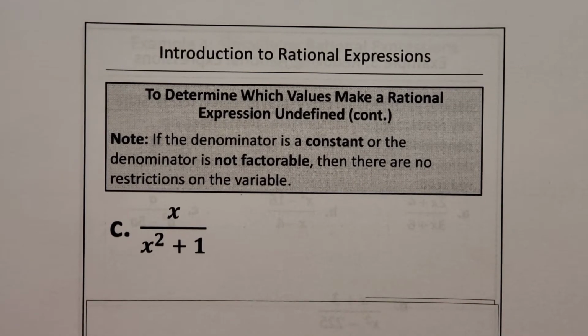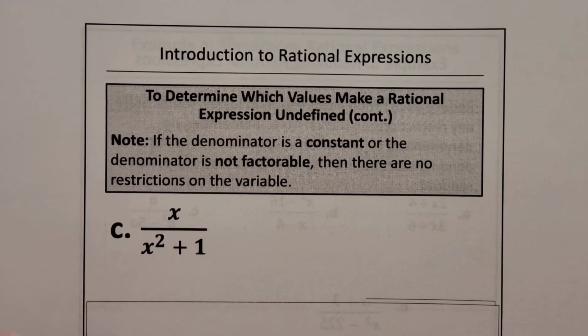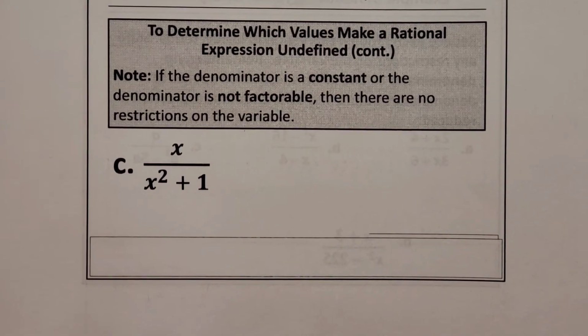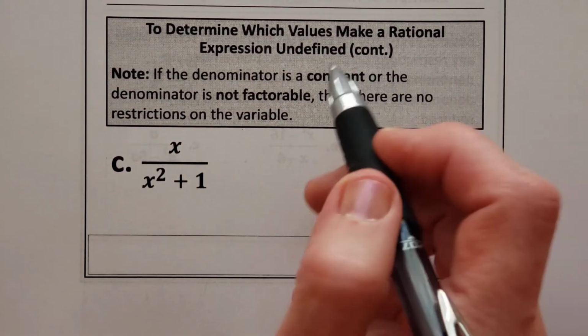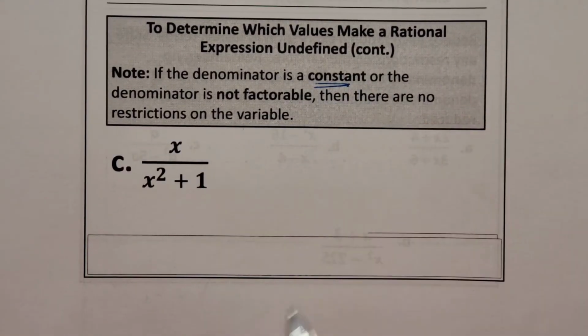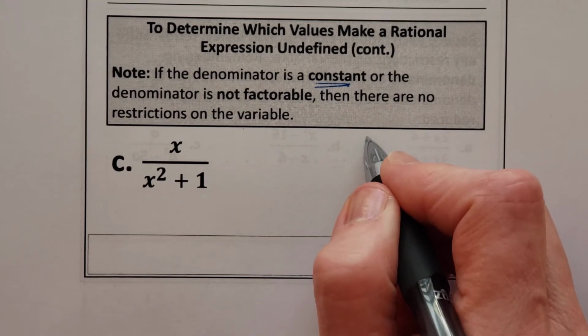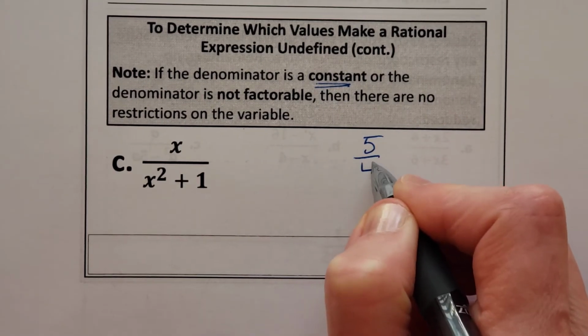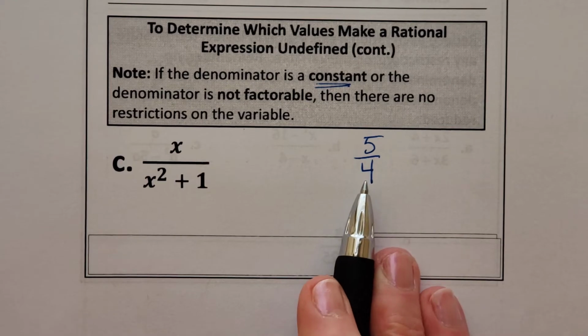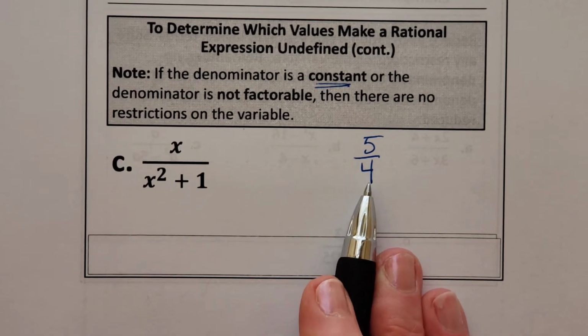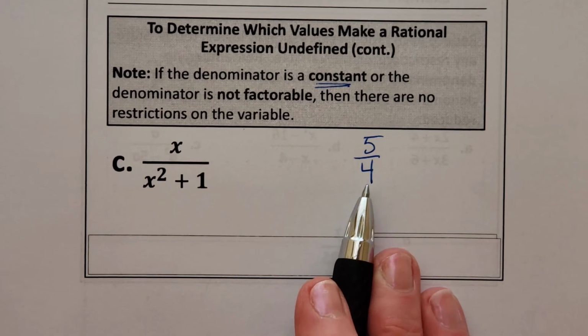All right, so determine which values make a rational expression undefined. Here we have a note: if the denominator is a constant or the denominator is not factorable, then there are no restrictions on the variable. For example, if it's a constant, that means just like a whole number. Like if I had 5/4, well, the denominator is not 0, and it will never be 0 because I don't have a variable.